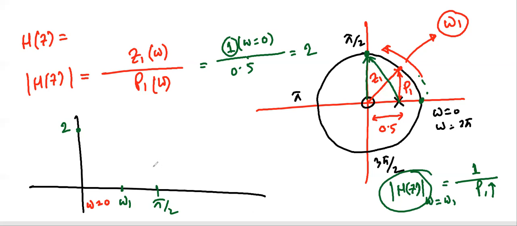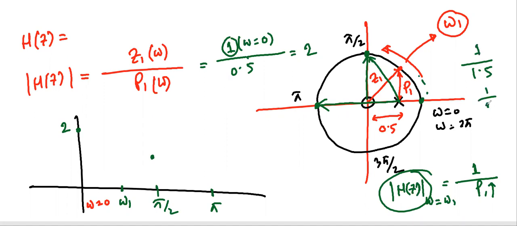So let me put some value here, at this point. And whenever you are at the location pi, what happens? The distance from the pole is now 1.5, and from the 0 it remains 1.